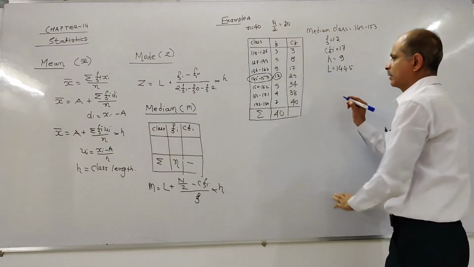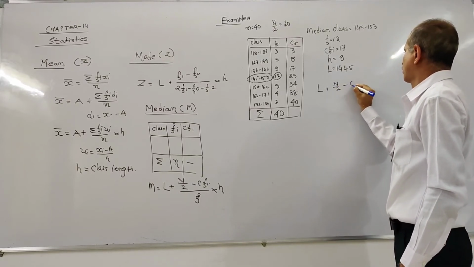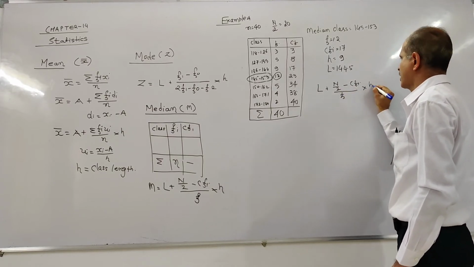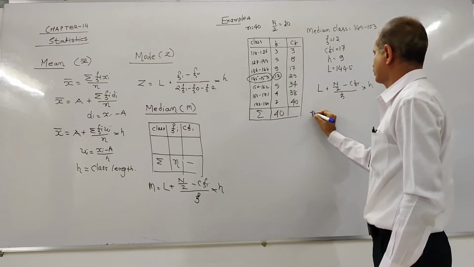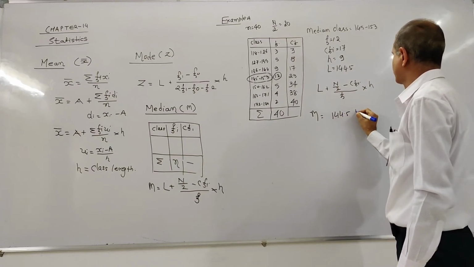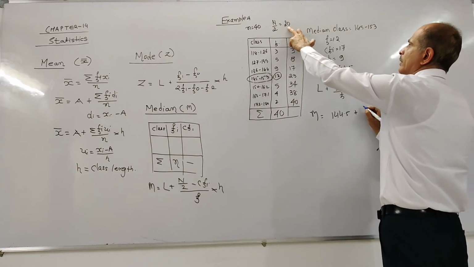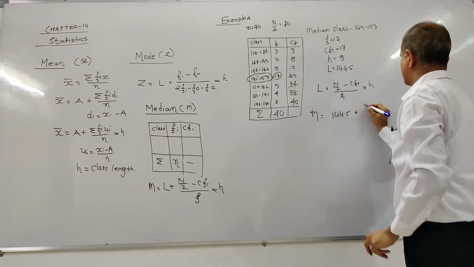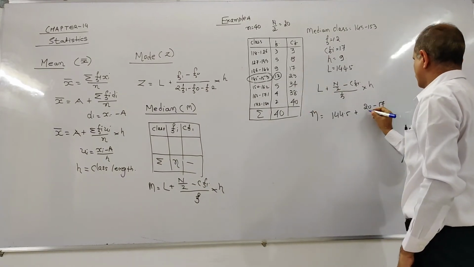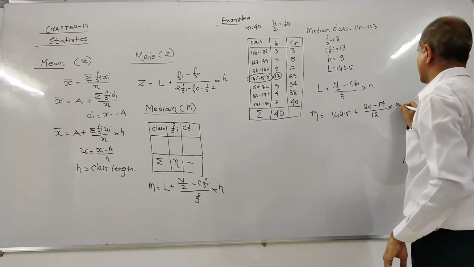So let me write down the formula first. M is equal to L plus n by 2 minus CFI upon F into H. L means 144.5, plus n by 2, sorry, 40 by 2 means 20, minus CFI means 17, upon F means 12, into H means 9.